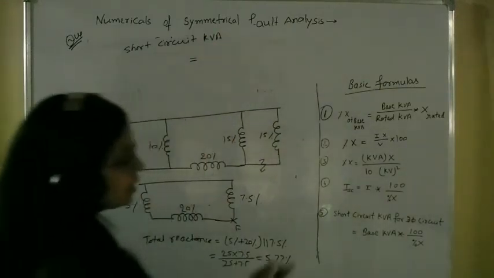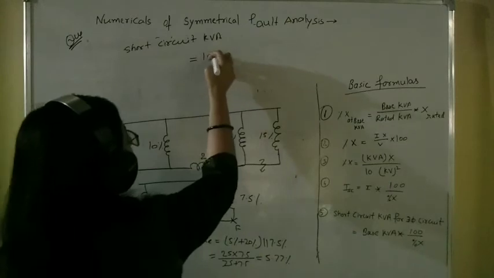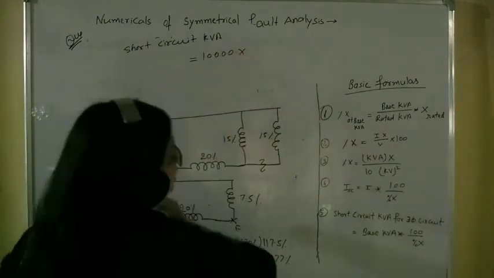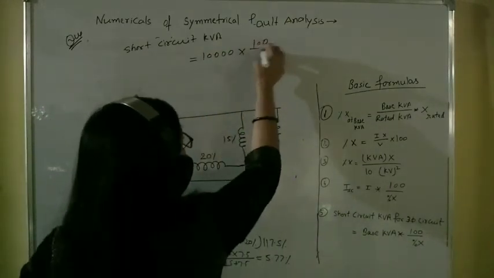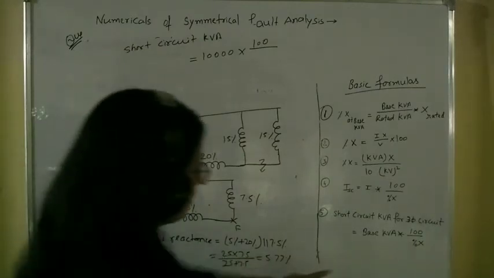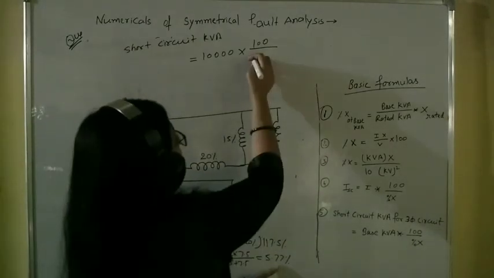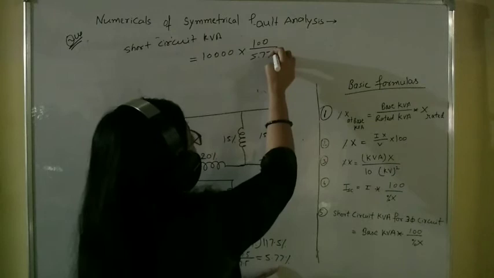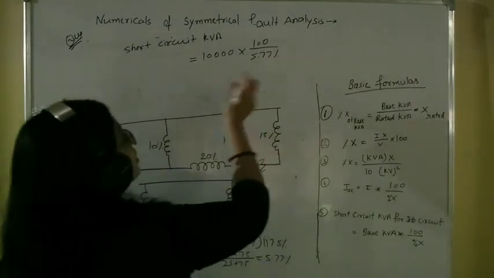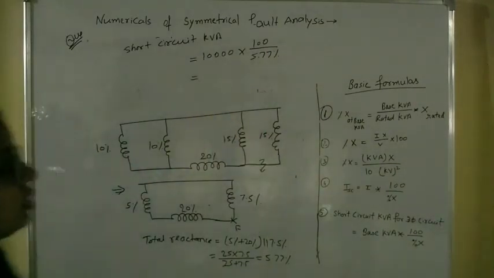That is what? It is base kVA, that is 10,000, multiplied by 100 divided by the percentage of X that we have calculated, 5.77%. Fine.